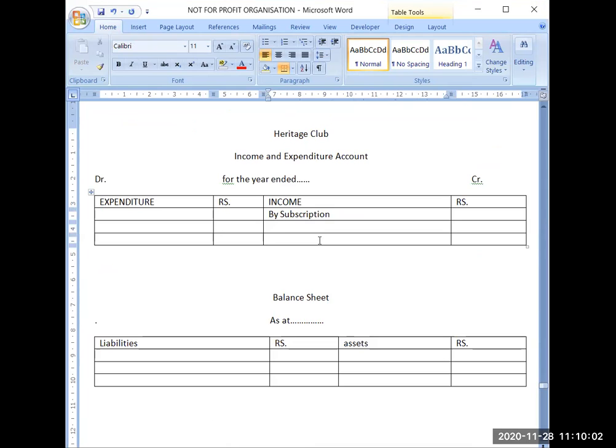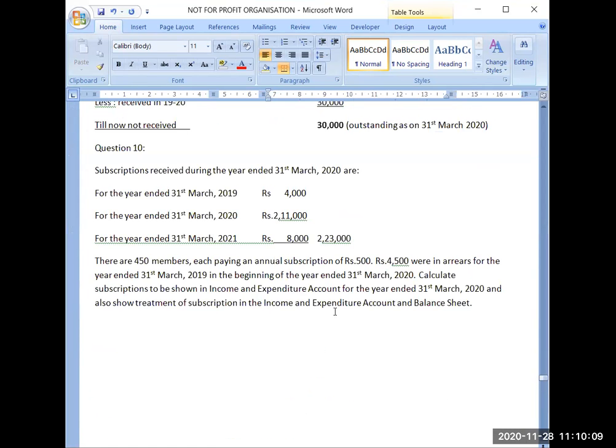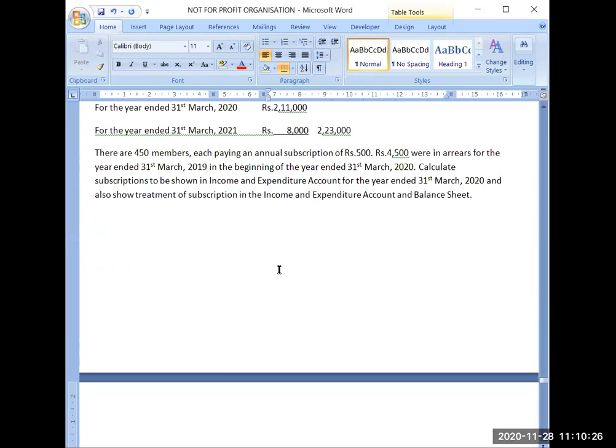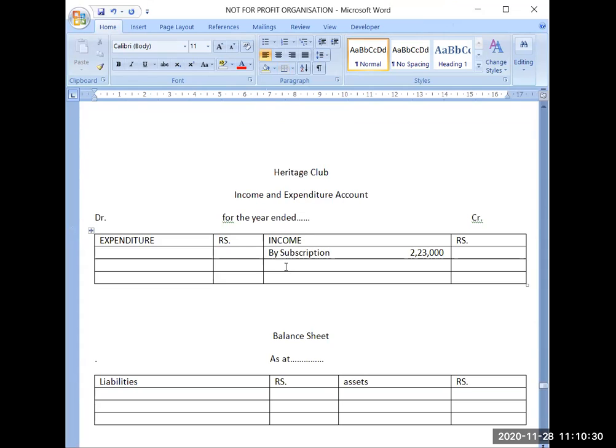And the amount received is 2,23,000. Then we have received rupees 4,000 for the last year, that we will be subtracting.